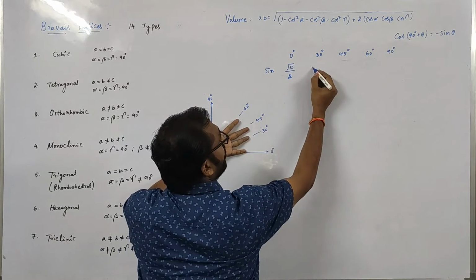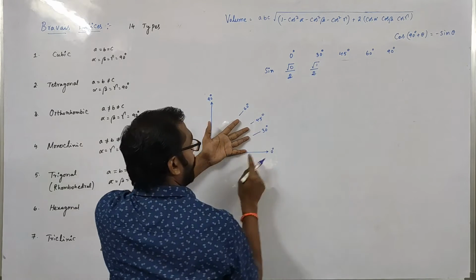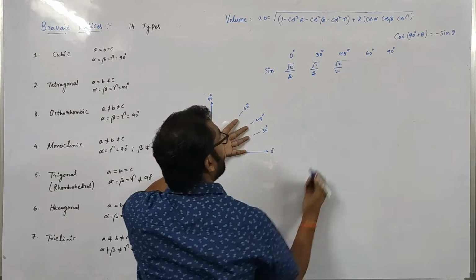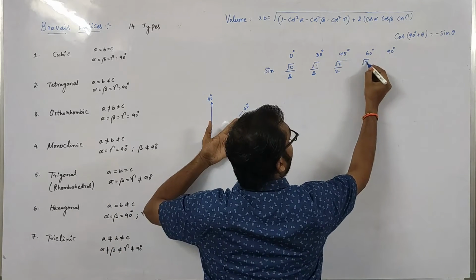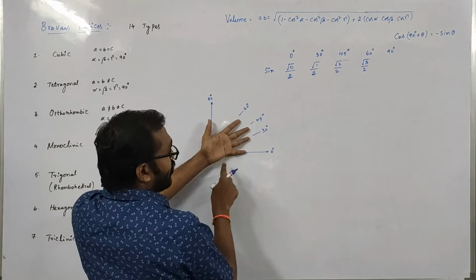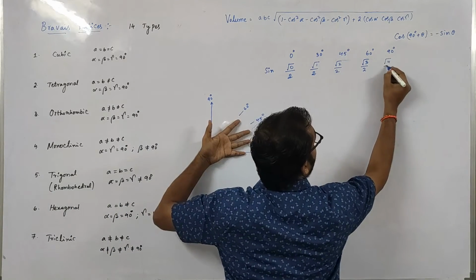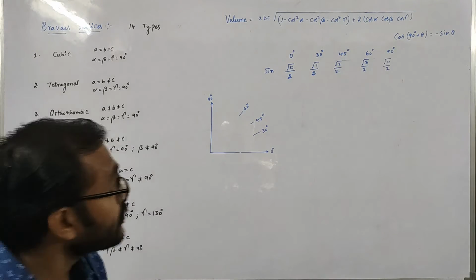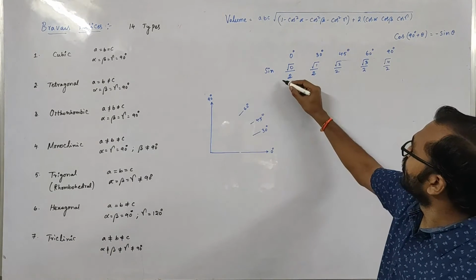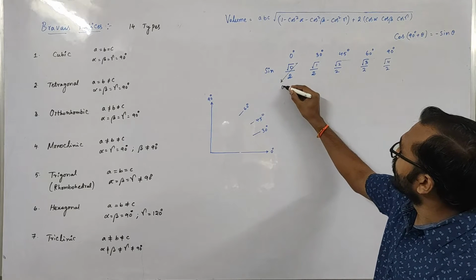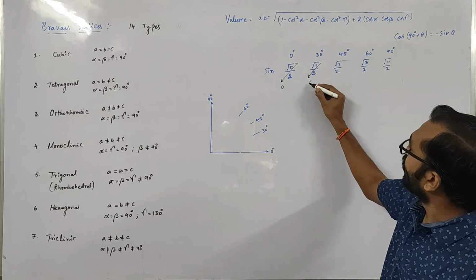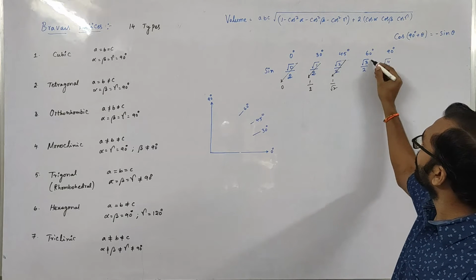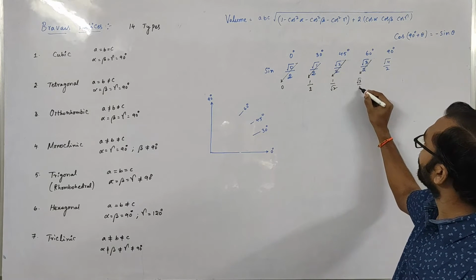Sin 30 is root 1 by 2, sin 45 is root 2 by 2, sin 60 is root 3 by 2, sin 90 is root 4 by 2. So the values are 0, 1 by 2, 1 upon root 2, root 3 by 2, 1.